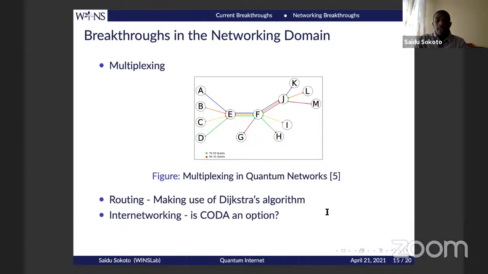Rodney Van Meter has proposed the CODA. Is this an option? Well, it relies on the quantum repeater network architecture. Some of us may be familiar with repeater networks in classical networks, whereby internal networks of organizations are usually abstracted and made to look like a simple relay, so as to simplify addressing and other issues.